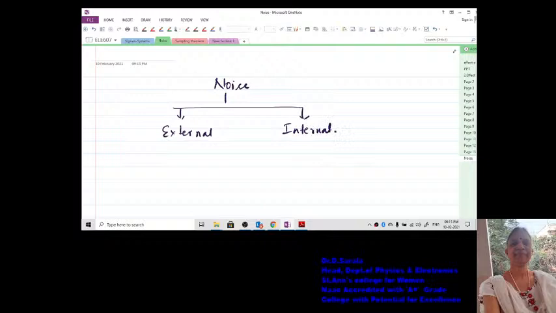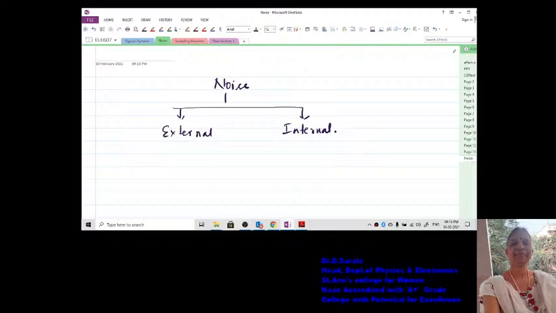This external noise can be further divided in various ways that you have already seen. So you can also have what is known as atmospheric noise. What is atmospheric noise? That is an extra noise, that is external noise.